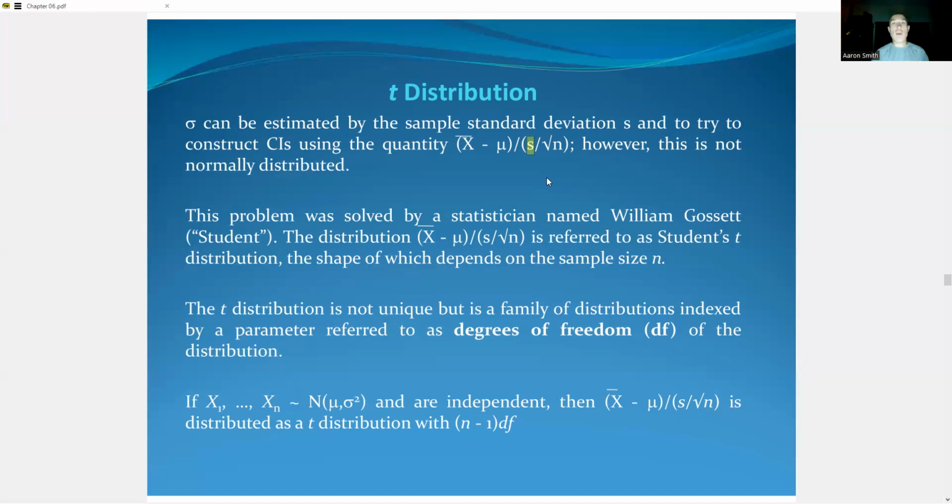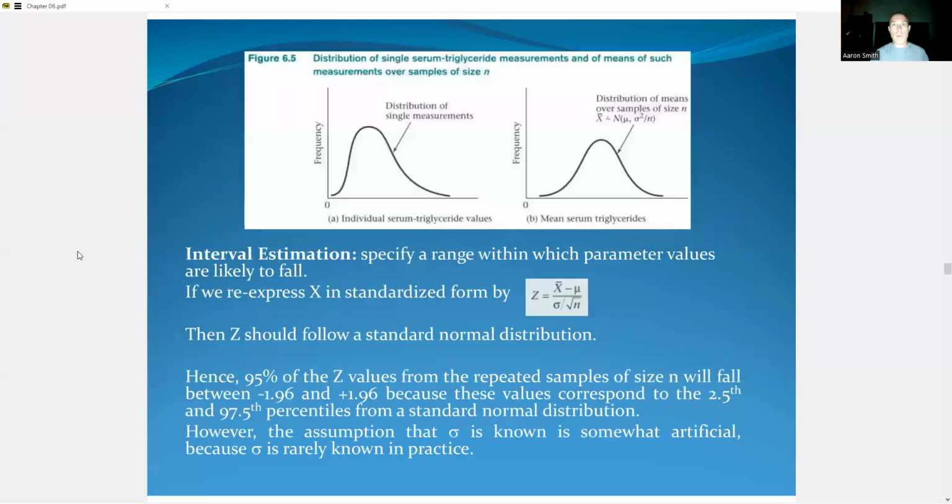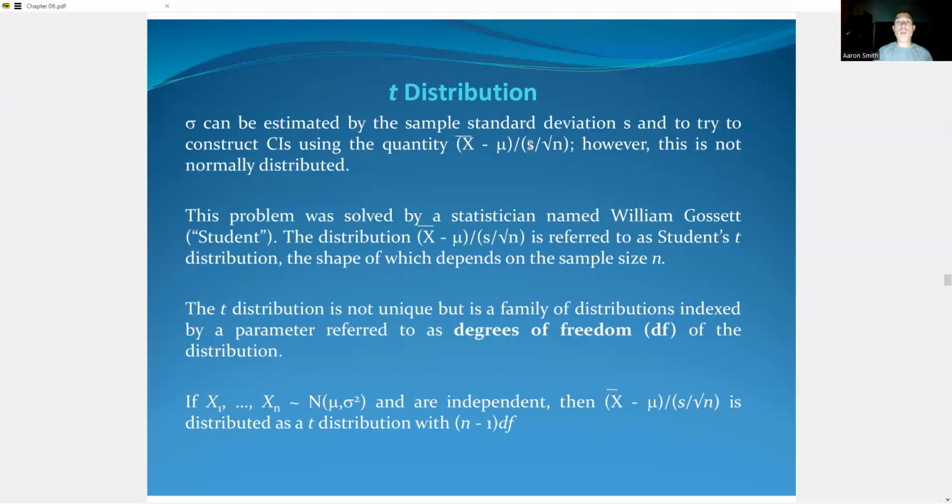Previously in the slide, I had (X bar minus mu) over (sigma over square root n). You notice that the sigma is a population value, a known particular value in that scenario. Here, I don't know what the standard deviation is. I'm estimating it, so I've got another layer of randomness going on in my statistics. So instead of using the normal distribution, we're going to use the t-distribution.